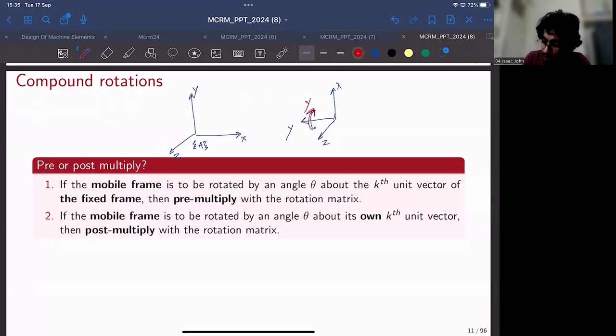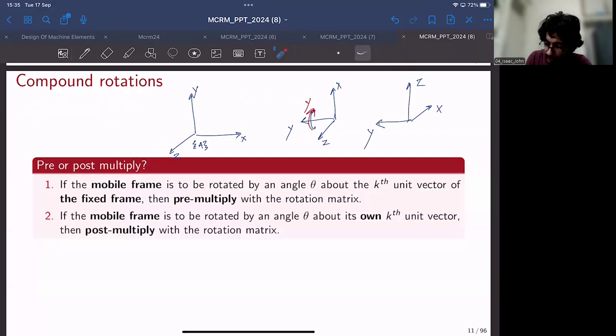The y-axis would remain the same. The x-axis rotated 90 degrees would be like this, and the z-axis would now be vertically up. So this is the y-axis. I hope you can see what I have done.